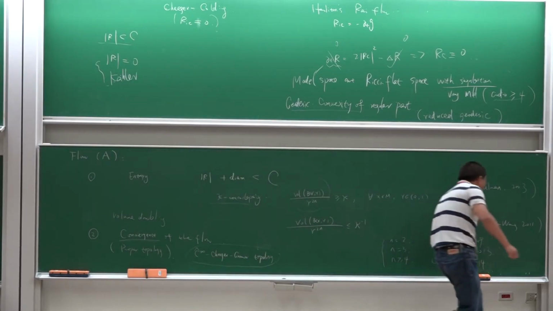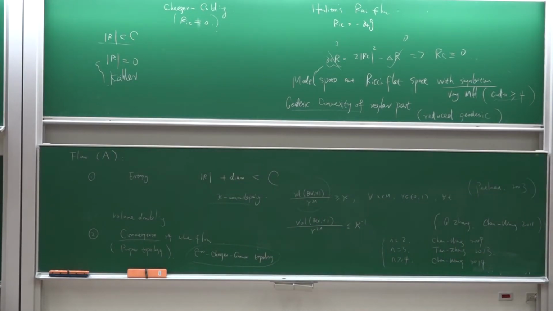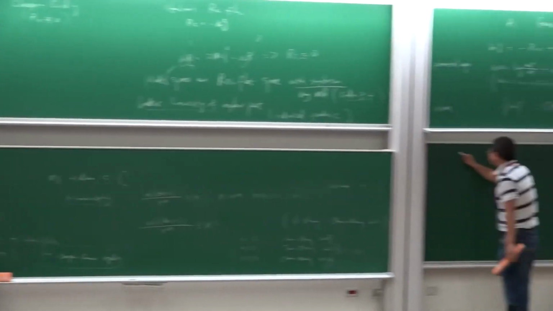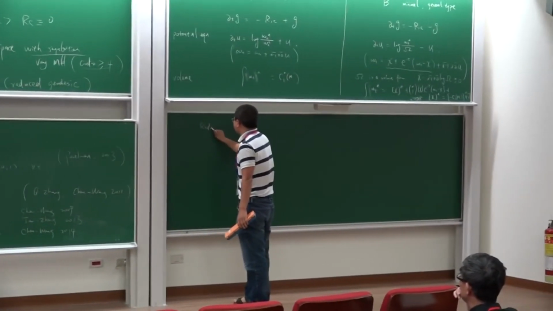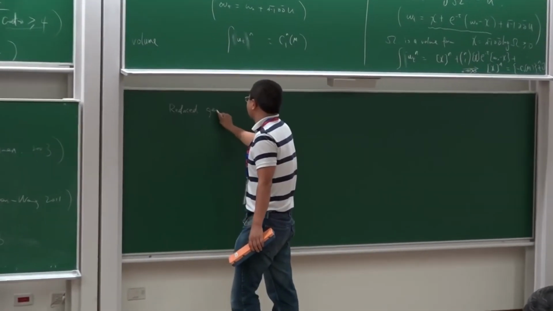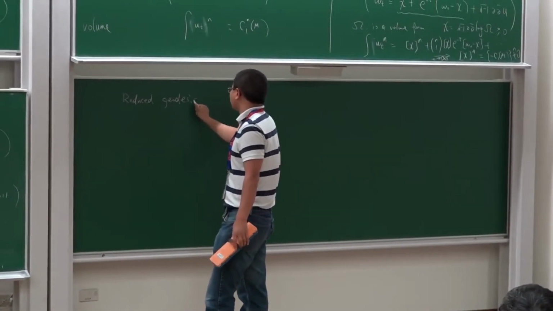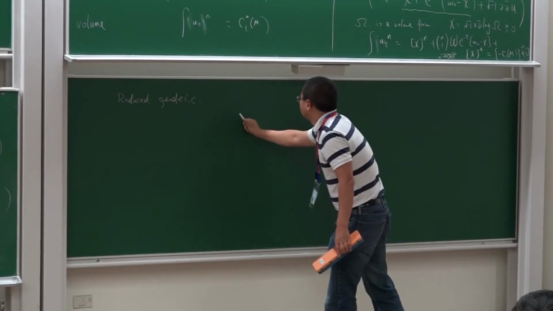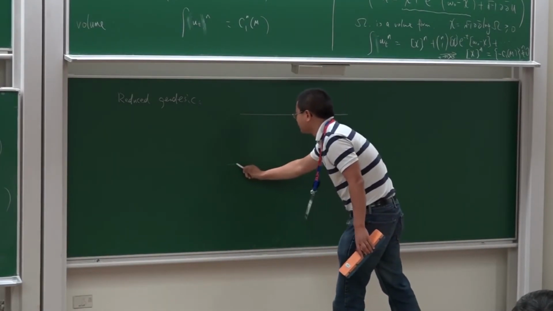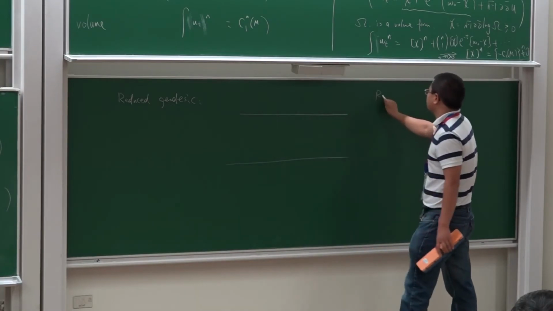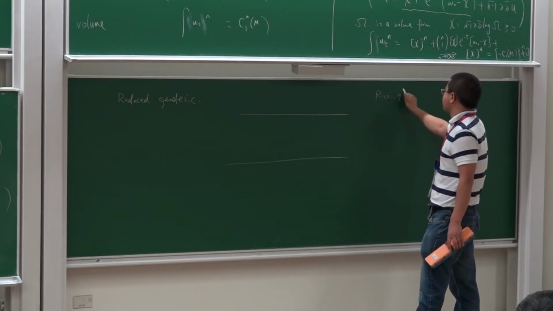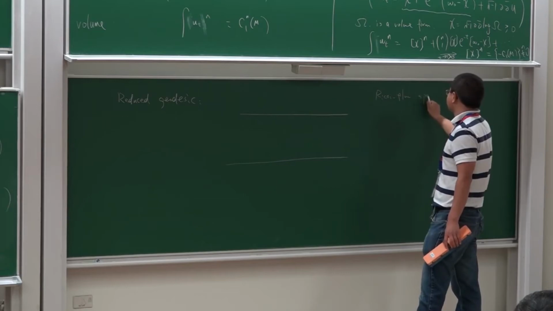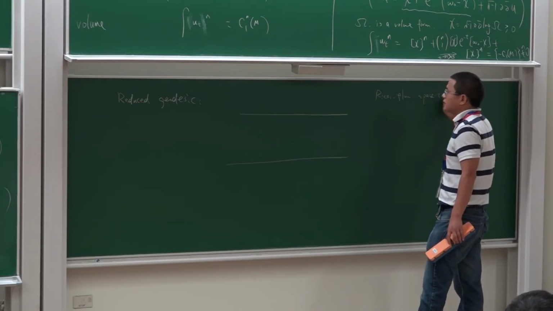For a Ricci flat manifold, the reduced geodesic becomes a geodesic. So now we consider a Ricci flow solution. So this is a Ricci flow space-time. We regard the Ricci flow as a space-time.